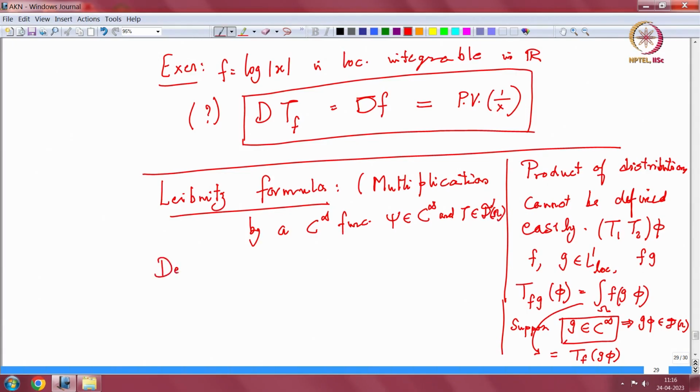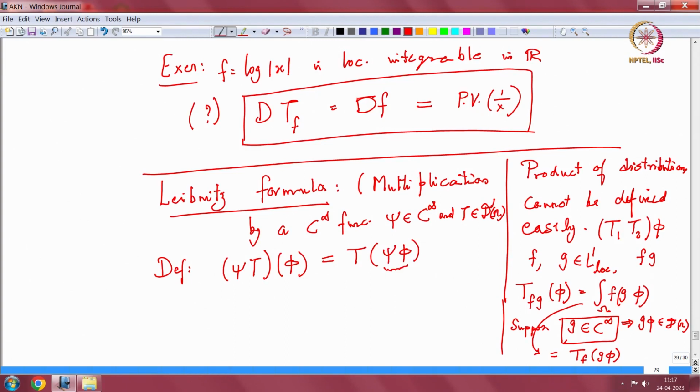The definition is: psi T evaluated at phi is nothing but T evaluated at psi phi. This is well defined because psi phi is a D of omega function.